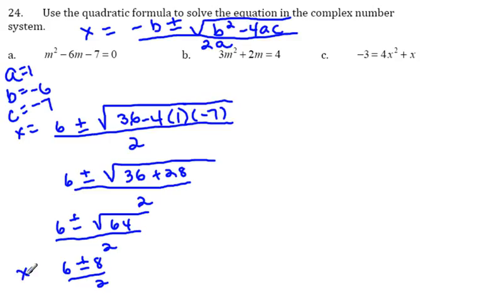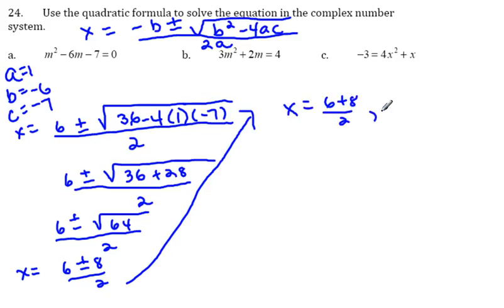Remember, this is all x equals, so that gives me x equals 6 plus 8 over 2 and 6 minus 8 over 2.